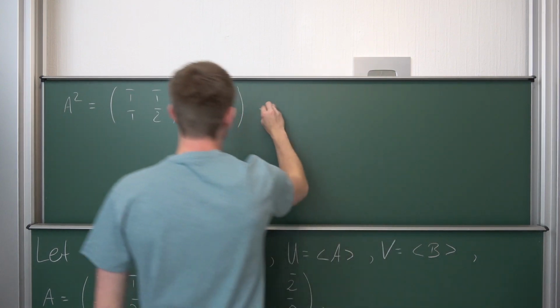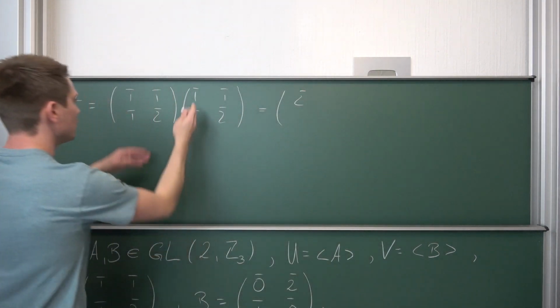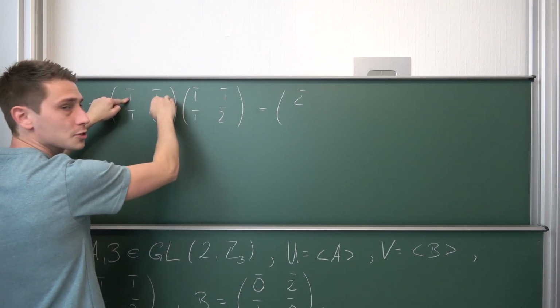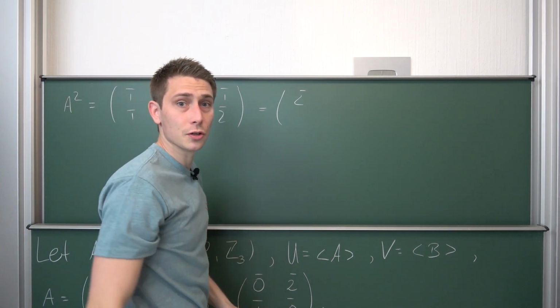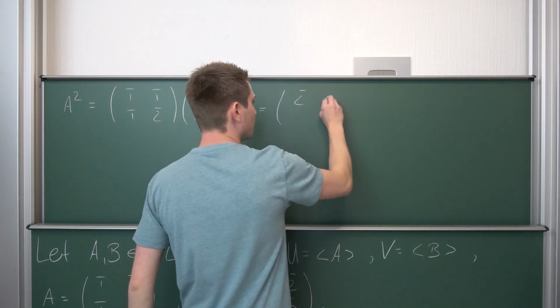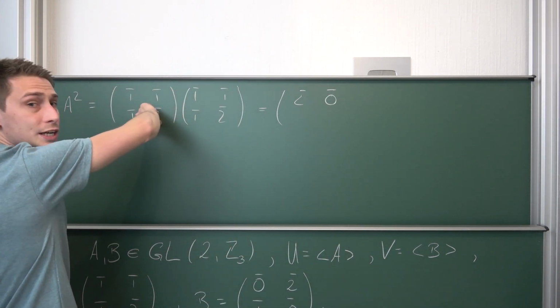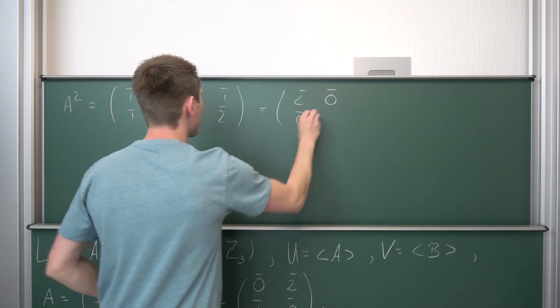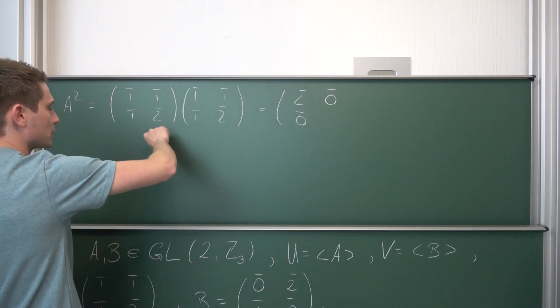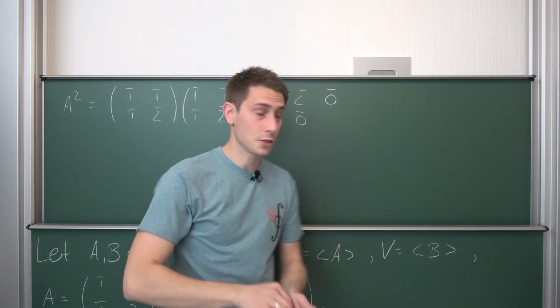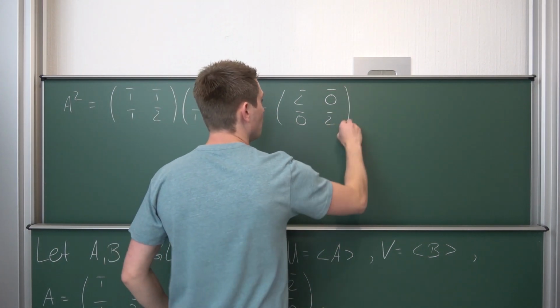Those put on top of here are going to give us 2. 1 plus 1 is 2. Then we are going to have 1 plus 2 is going to be 3, but in modulo 3, it's going to be 0. Now, next up, this makes 3 yet again, which is going to be 0. Now we are going to put this on here, it's going to give us 4 plus 1 is 5. 5 minus 3 makes 2, so this is 2 in our modulo.